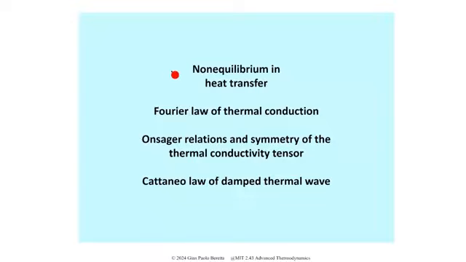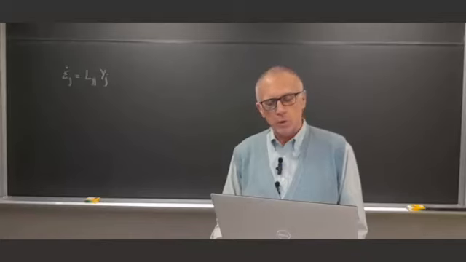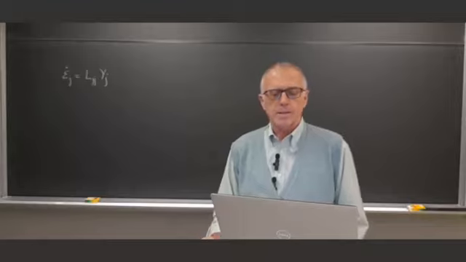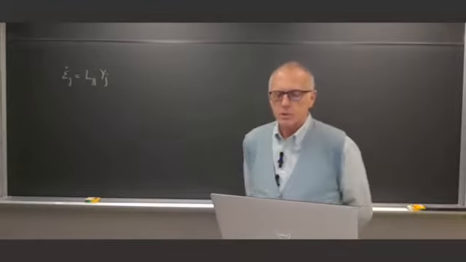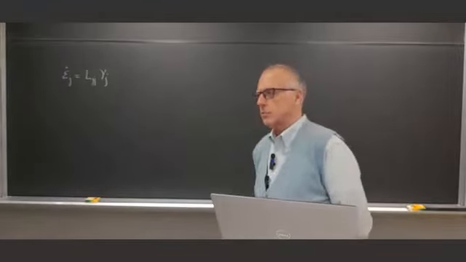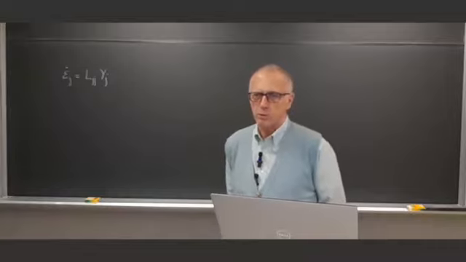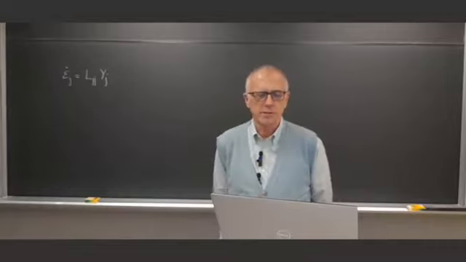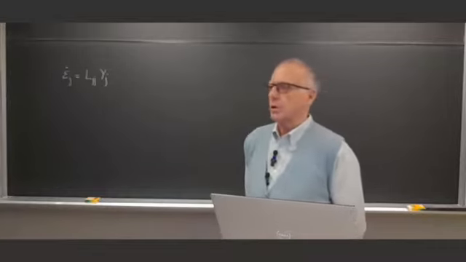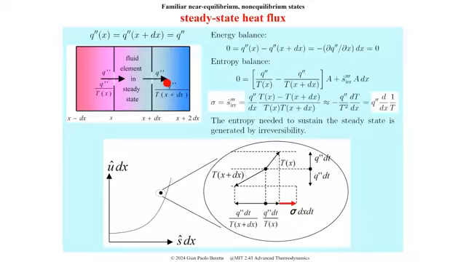Okay. So let's do a little switch. First of all, it sounds like a switch back, and then it will be a switch forward. So let's go back to heat transfer. And this is a slide that more or less we have already seen, maybe not exactly in this fashion.